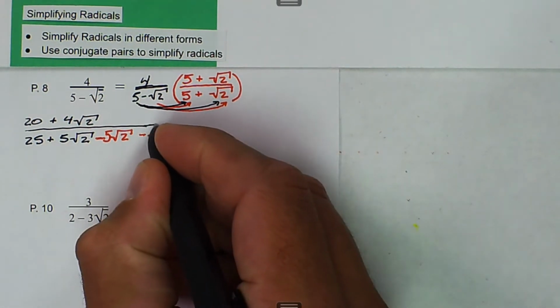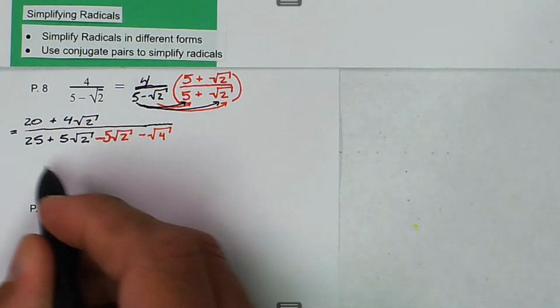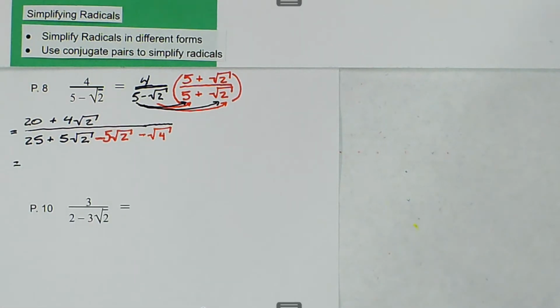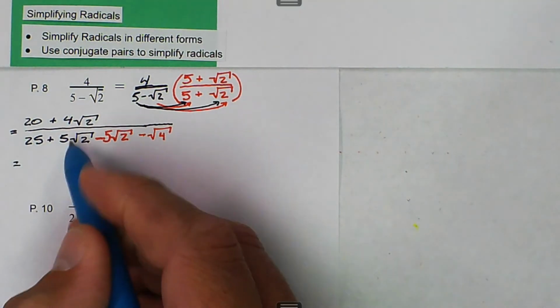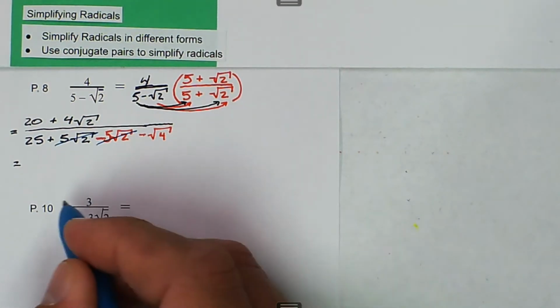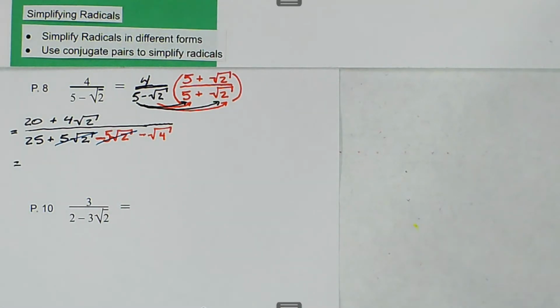So now in the numerator I can't reduce that, but I can reduce the denominator. So what happens is 5 square root of 2 positive cancels 5 square root of 2 negative, that drops out. And I know that the square root of 4 is 2.